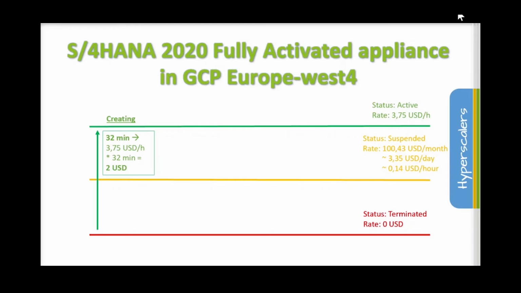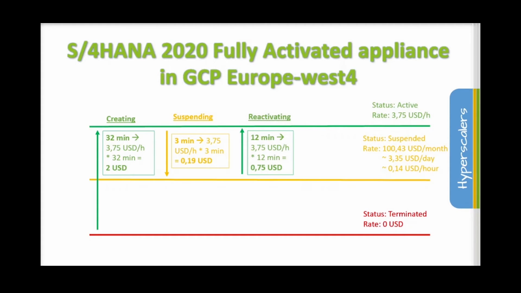Suspending that instance, 3 minutes, 19 cents. Here is moving from active to suspended. Activating the instance again after suspending takes 12 minutes, 75 cents of a dollar. Terminating the instance takes 3 minutes, 19 cents of a dollar.